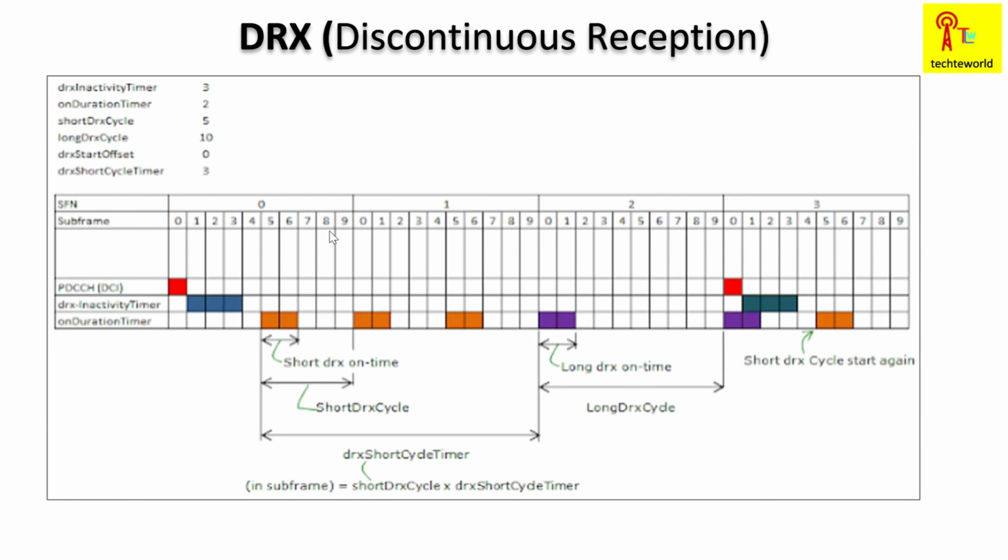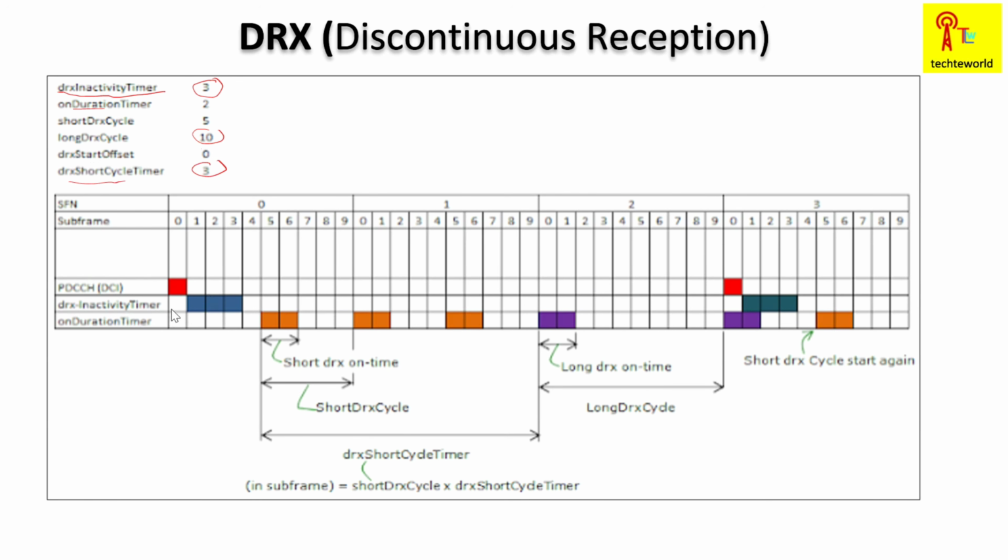Also there is one more diagram where I will try to make you understand the same thing, but here in terms of subframe level. You can see that the DRX inactivity timer is of 3 millisecond, on duration is of 2, short cycle is of 5, long DRX cycle is of 10 millisecond, DRX start offset is 0, and DRX short cycle timer is 3.